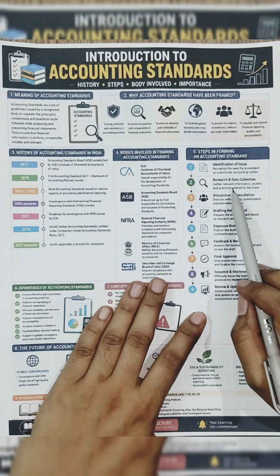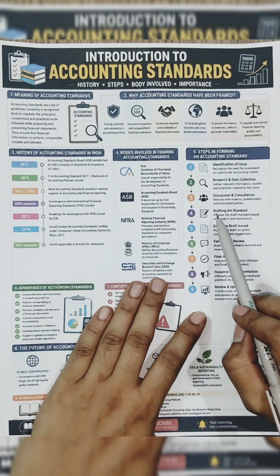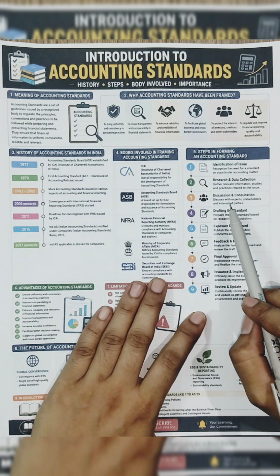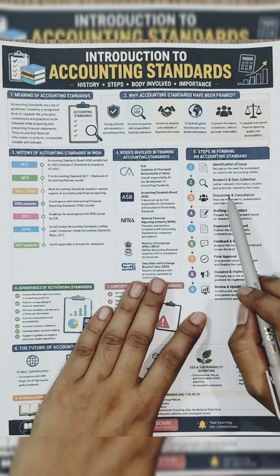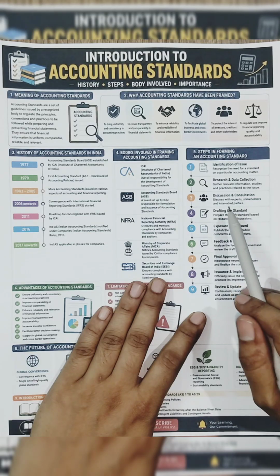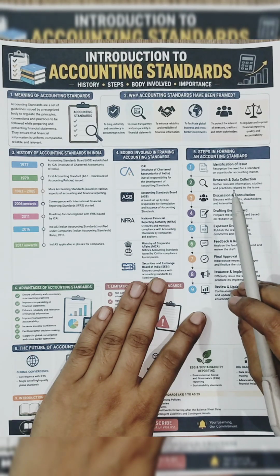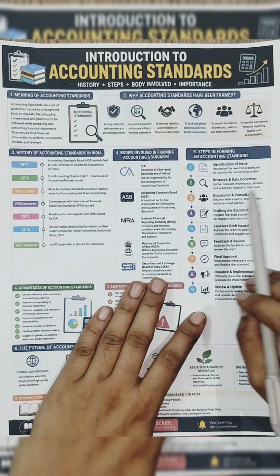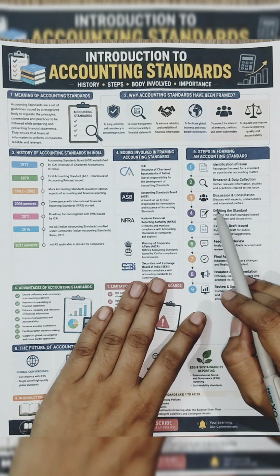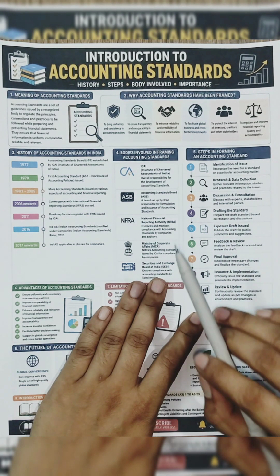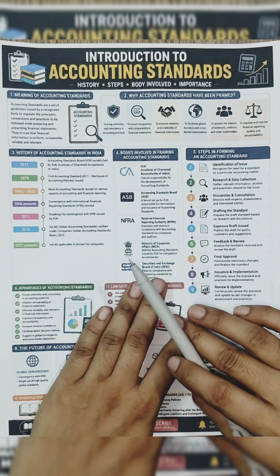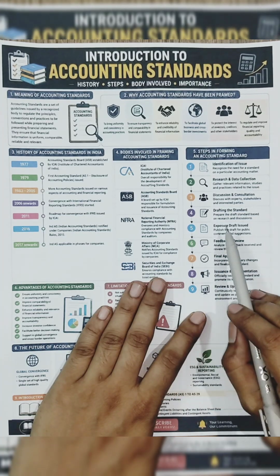See, it is not easy framing an accounting standard. It is not like just studying one, two, three. There are formalities and protocols that need to be followed, and research takes place before issuing each respective accounting standard. Then discussion and consultation with the experts, stakeholders, and interested parties.